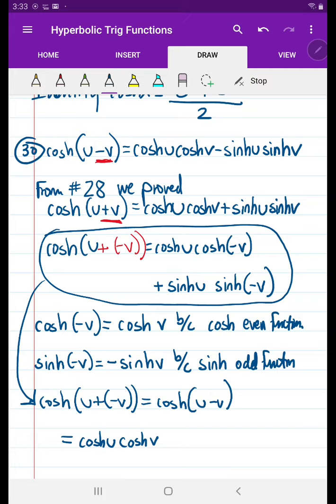Because cosh of a negative v, this is even right here, minus sinh u sinh v, because this sinh of negative v right here is odd. Okay, so you have to show those steps, and that's how you would prove number 30. So those are the examples for today, and then hopefully you can go ahead and try the next few assignments now that you know all of that.